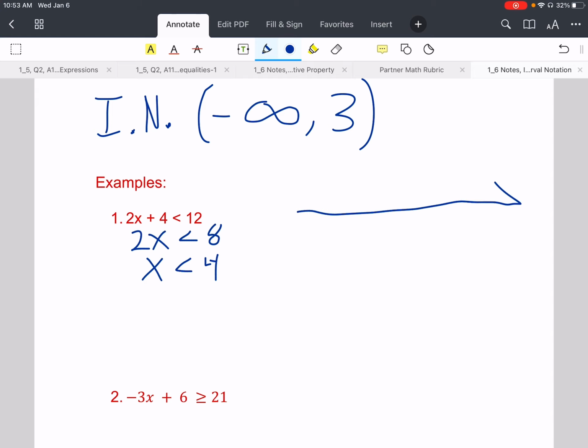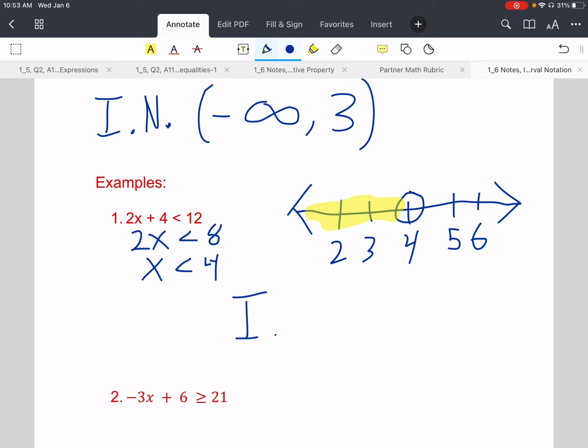Then you will graph it on a number line. 2, 3, 4, 5, and 6. Empty circle here. Looking at numbers that are less than 4, so we shade this way. And then for our interval notation, we are simply writing from negative infinity all the way to 4. So just one new step.